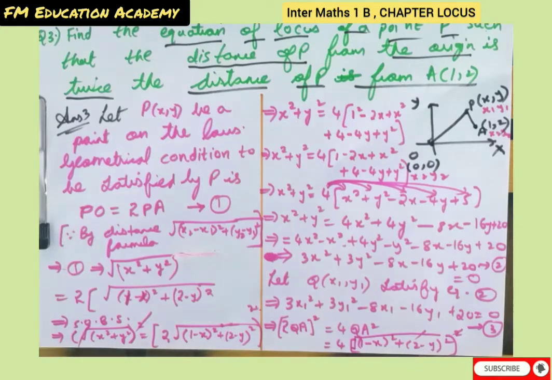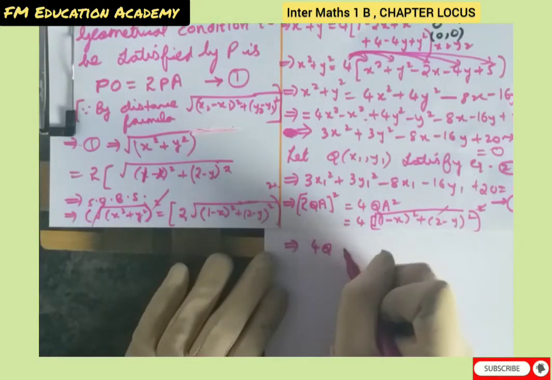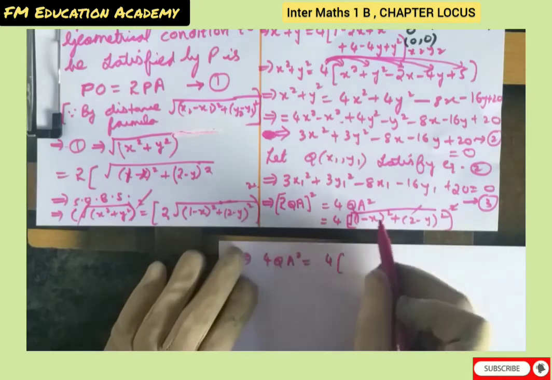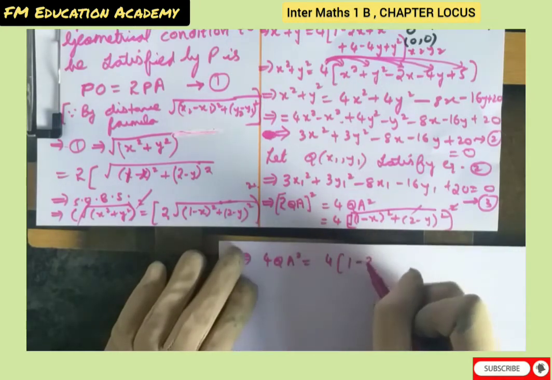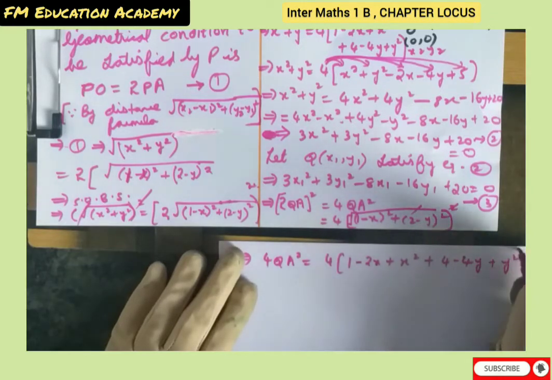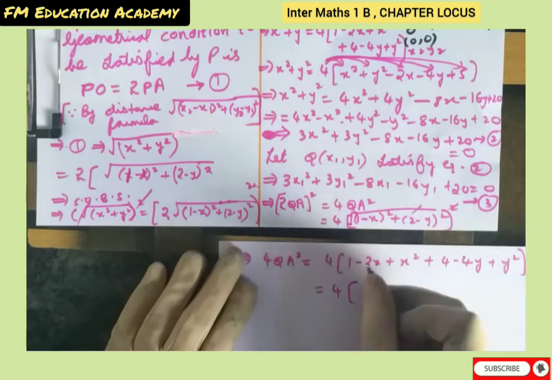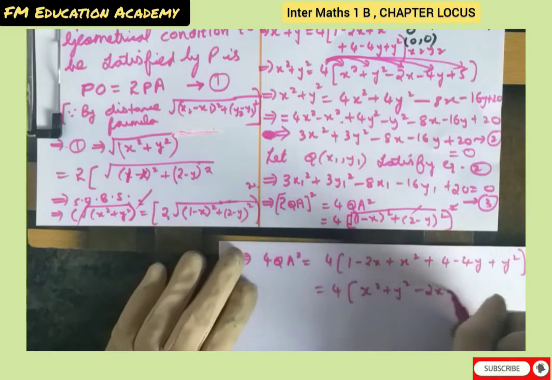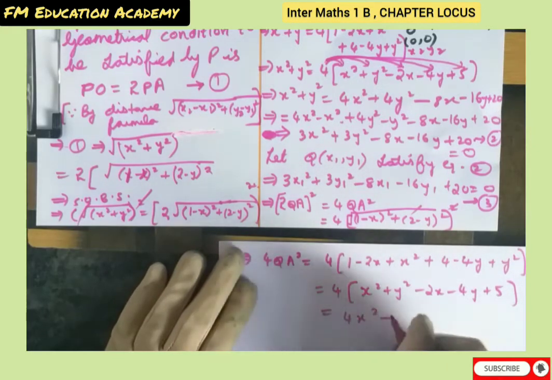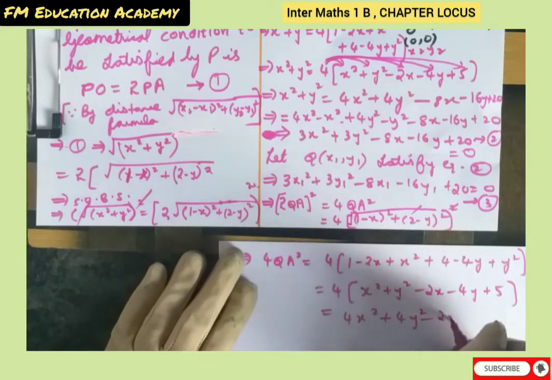So we are left with 4QA square equals 4 into, what is (1 minus x) whole square? We know, 1 minus 2x plus x square. What is (2 minus y) whole square? 4 minus 4y plus y square. We know this. So 4 into, 4 plus 1 is 5, so we'll write x square plus y square minus 2x minus 4y plus 5. We'll open the bracket. It will become 4x square plus 4y square minus 8x minus 16y plus 20.